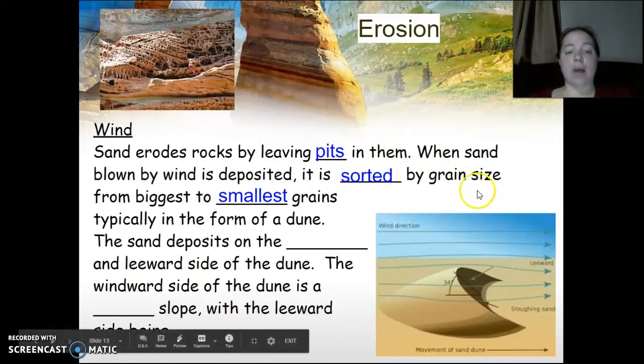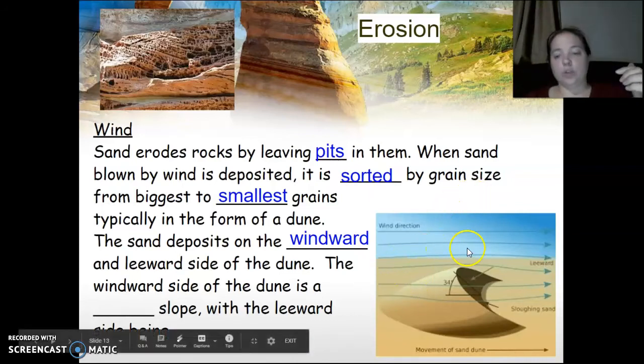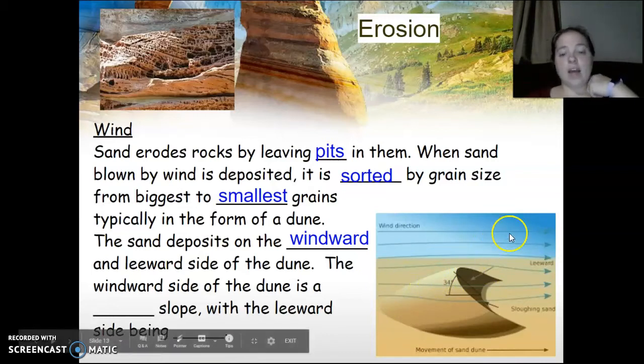So sand dune deposits on the side called the windward side. That's where the wind is coming from. The wind direction right here is moving this way. And this side is considered the windward side, the side where the wind is hitting it. And then on the other side, this is the leeward side.